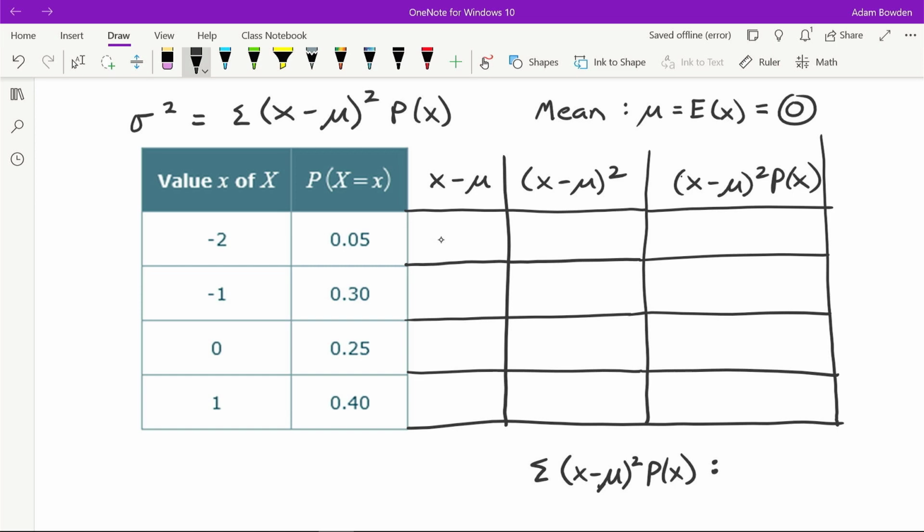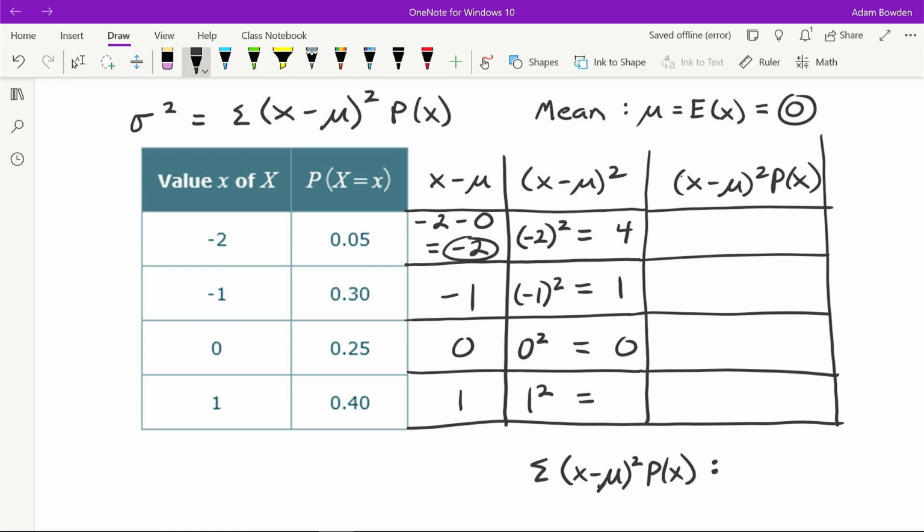So if we go through and we subtract the mean, well, it doesn't really do a whole lot. It's just like -2 minus 0. So it's just -2, -1, 0, and 1. And if we go through and then if we square these numbers, we'll get 4, 1, 0, and 1. And then we take each of these numbers and we multiply it by the respective probability values.